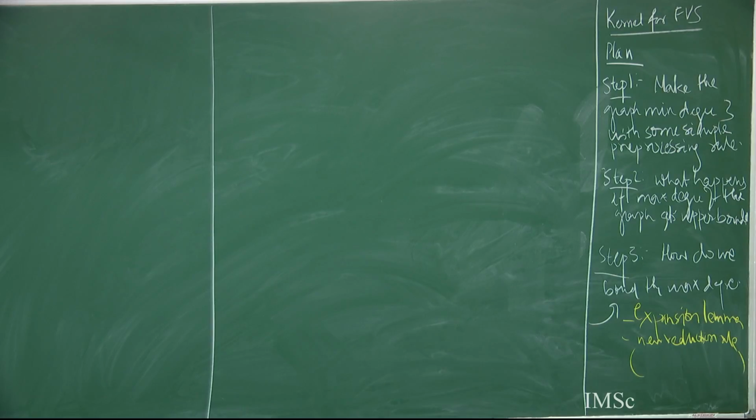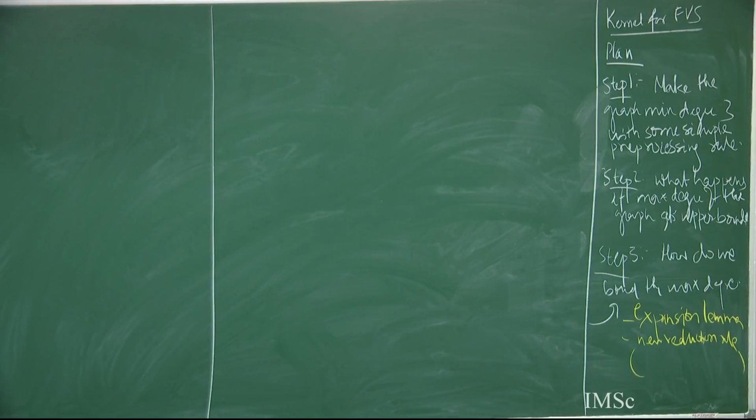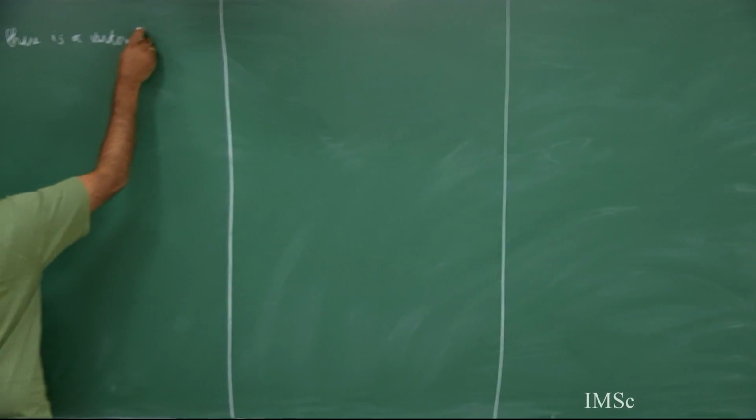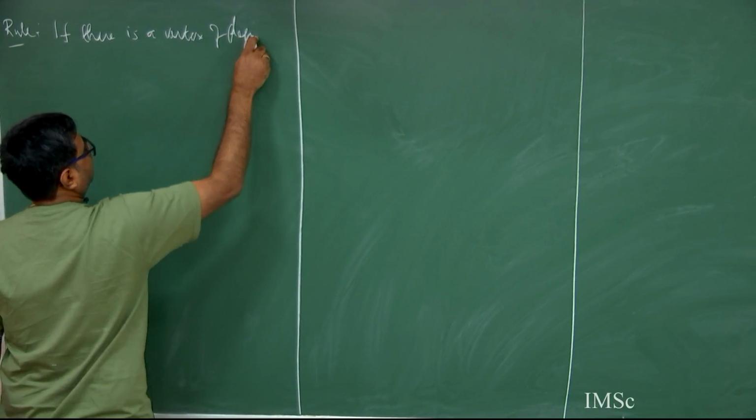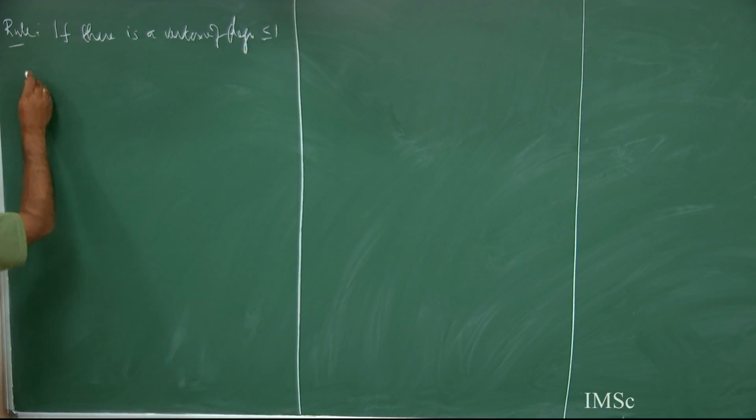Now, how do we start this? You must have seen this when you were designing the algorithm with log to the power k. So what are the rules for this? Some basic rules are: if there is a vertex v of degree at most 1, then delete v.